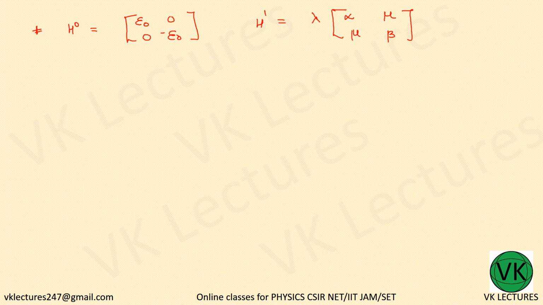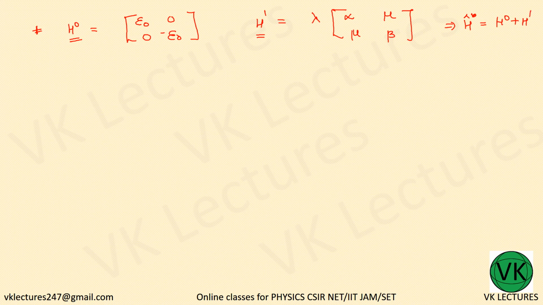So this is the unperturbed part, and this is the perturbation. The Hamiltonian H will be equal to H naught plus H dash.